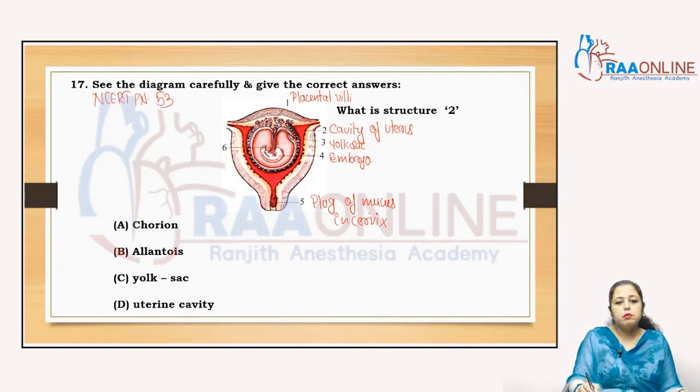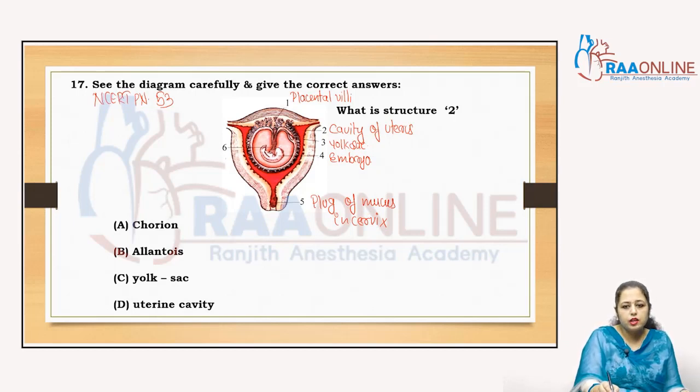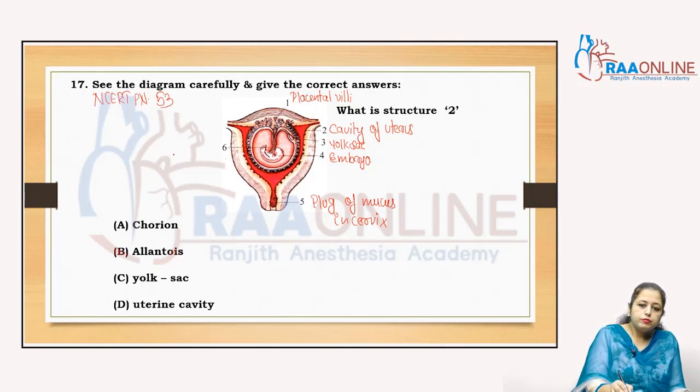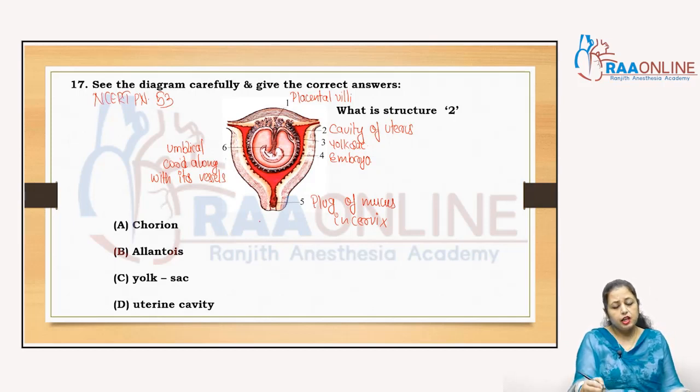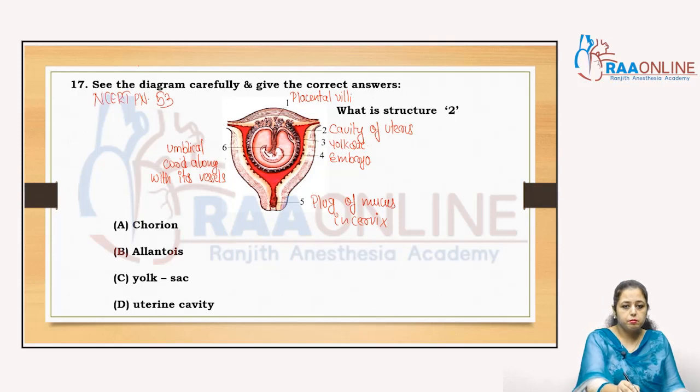And that sixth one, see here, it is attached with that embryo, so it is the umbilical cord along with its blood vessels. This is the enumeration of that diagram which is given in NCERT page number 53.